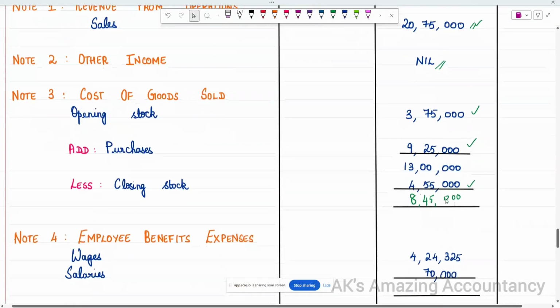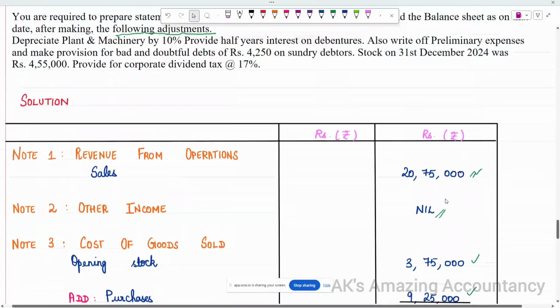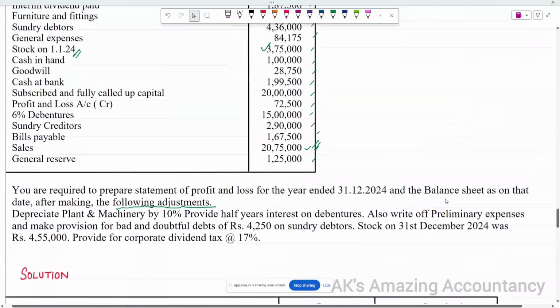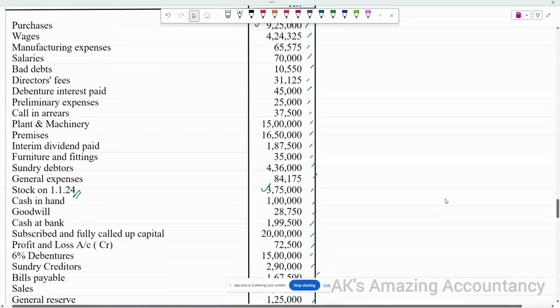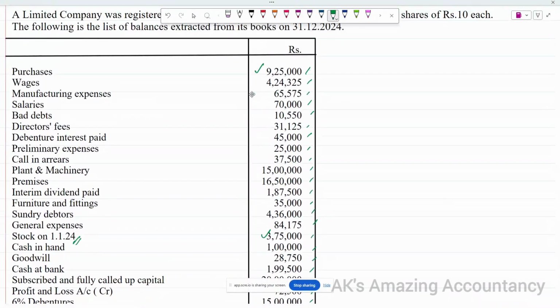Then note 4 is for employee benefit expenses. So all those expenses which are incurred for the benefit of the employees will come under this particular note. So let us see what are the expenses relating to the benefit of the employees. So we have items like wages, salaries, etc. So first we'll be taking wages. Wages is 4,24,325 and salaries is 70,000.